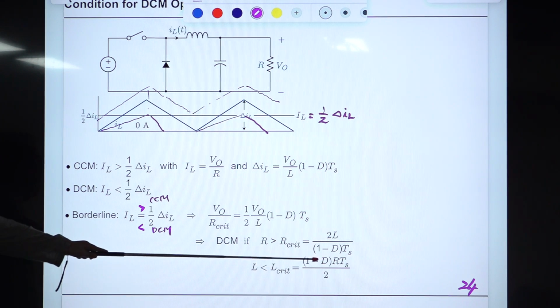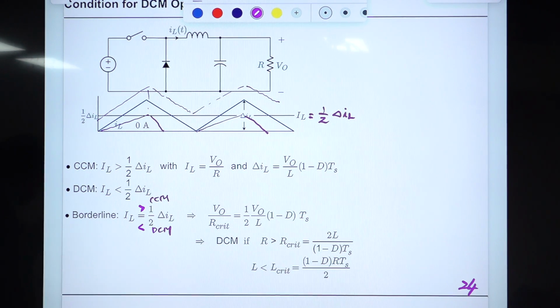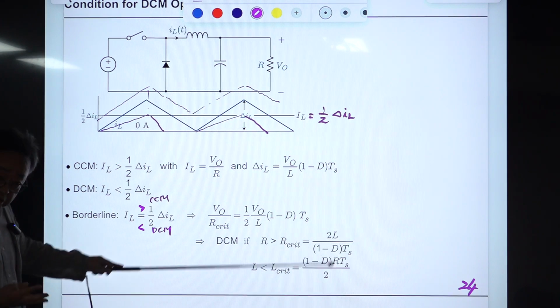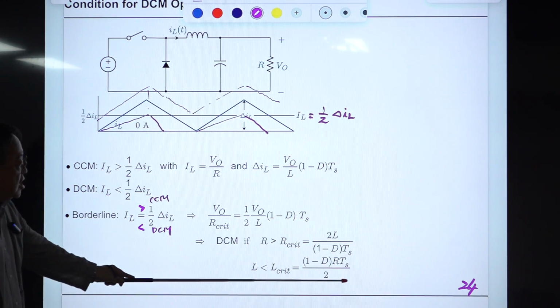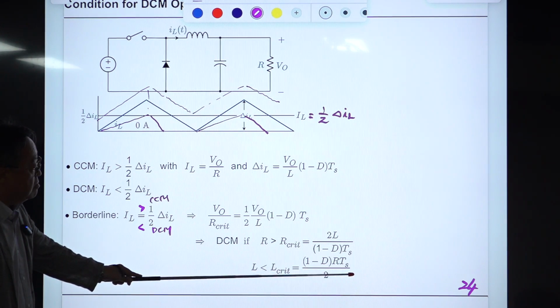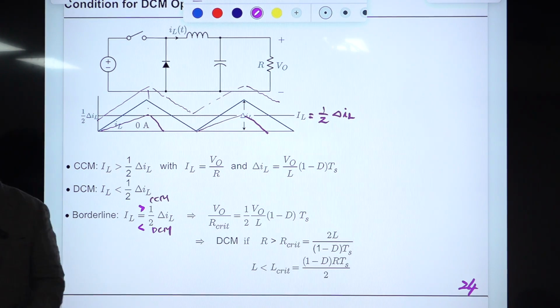If R is larger than R critical, you are decreasing the average value of the inductor current, and it will go to DCM. If you decrease L smaller than L critical, it goes to DCM. It's not as easy to see compared to the previous one.